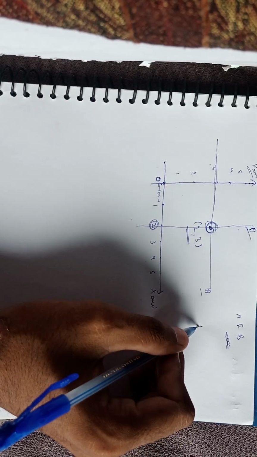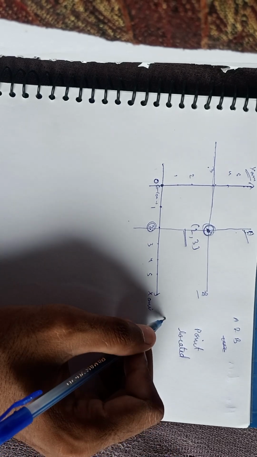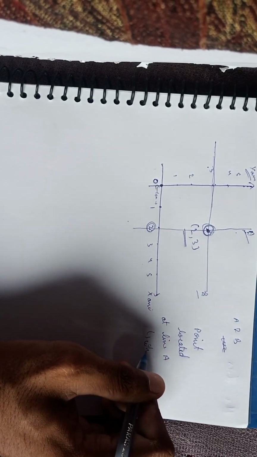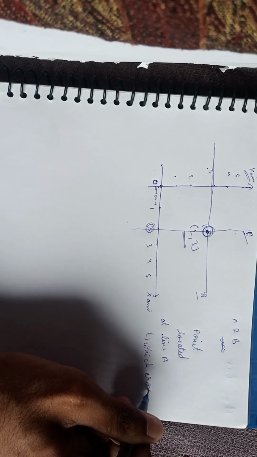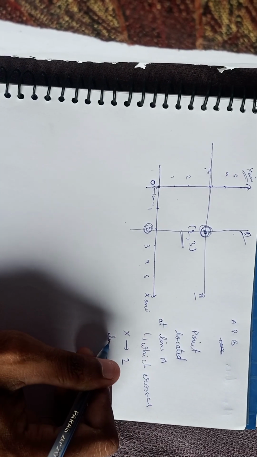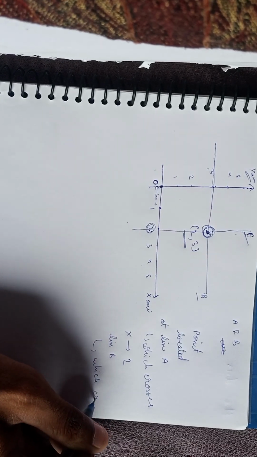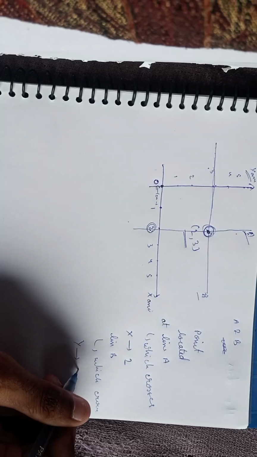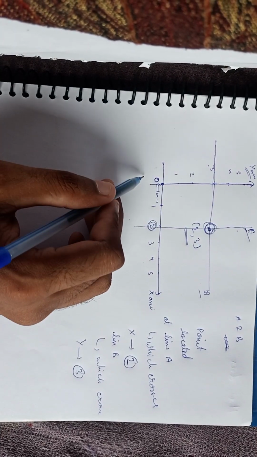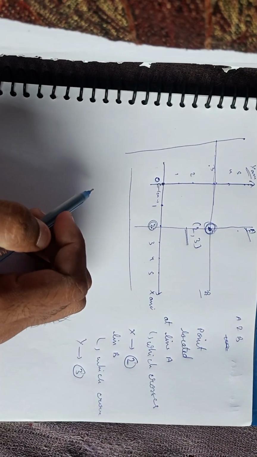So we say the point is located at line A, which crosses the x-axis at 2, and line B, which crosses the y-axis at 3. So this method was used so that we only need to plot two lines on a single piece of paper. Got it?